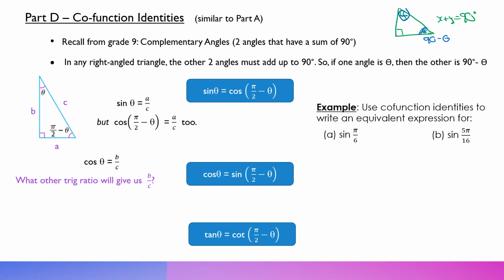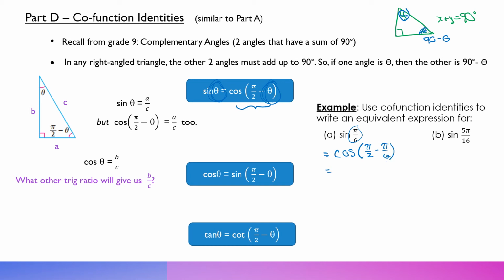When I write that out, that means sine of pi over 6 is the same as writing cos of, now I'm copying this down here, first comes the pi over 2 that was already in the formula, and then I subtract theta. The theta that's right here, for me, this is theta. This was originally pi over 6, so I put a pi over 6 here.